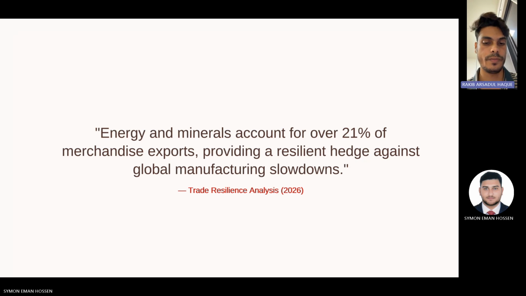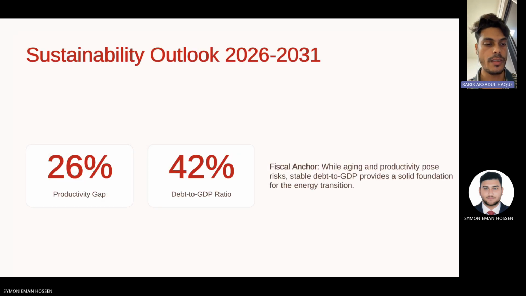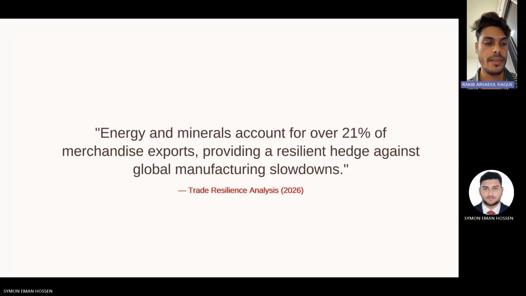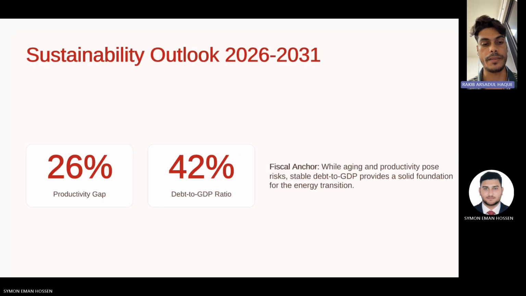Slide 7. Sustainability outlook. Looking ahead to 2031, the outlook is a mix of fiscal discipline and structural risks. On the positive side, Canada maintains a highly favorable debt to GDP ratio of 42%.